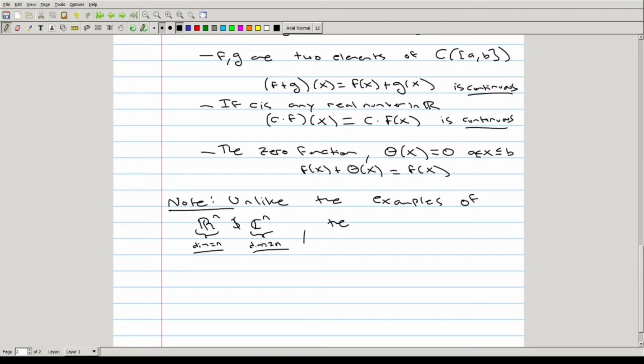The space C of I is an infinite dimensional vector space.